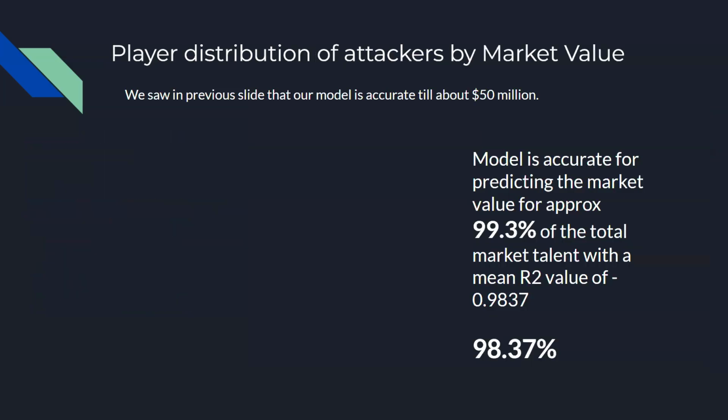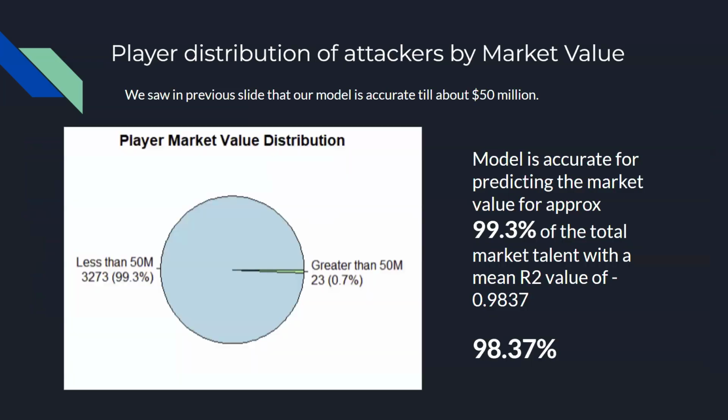But when we see the distribution of attackers in our population, there are less than 1% of the attackers with a value greater than 50 million, and 99.3% of the population falls within that 50 million bracket.